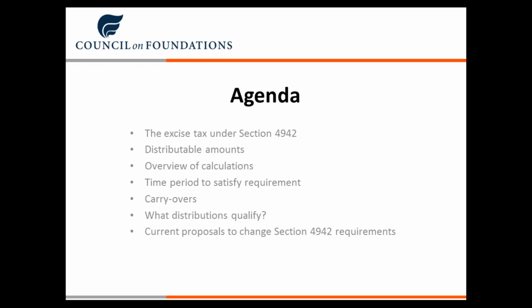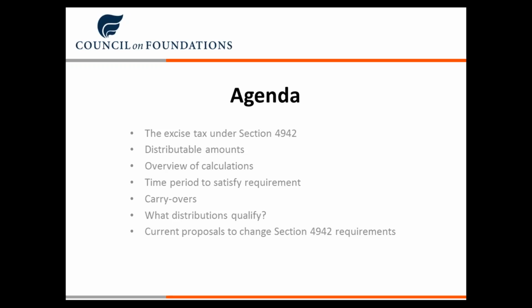So our agenda today, and we have an hour for this, so hopefully we'll get through everything. We're going to start with the excise tax. As many sections of the Internal Revenue Code do, it starts with a penalty tax. That's where this section starts, and that's where we'll start. Then we'll talk about distributable amounts. We'll do an overview of the calculations with a sample calculation. We'll talk about the time period that you have to satisfy the distribution requirement.